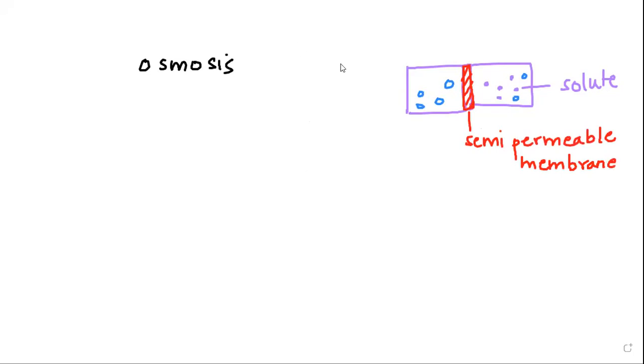Okay. So osmosis, if you break down the definition, is basically the movement of water molecules from a region of high concentration to a region of low concentration through a semi-permeable membrane, right? Which basically is this way, if I am saying that this is H2O, right?